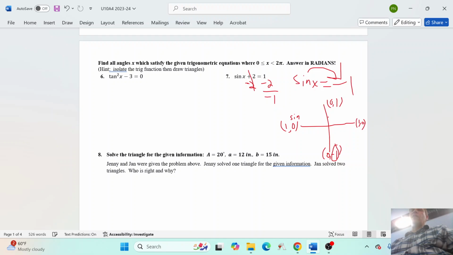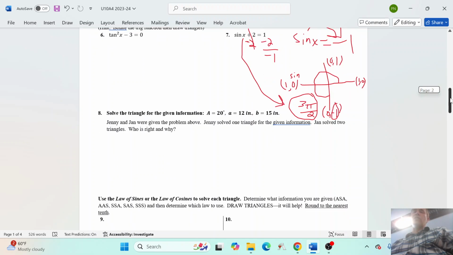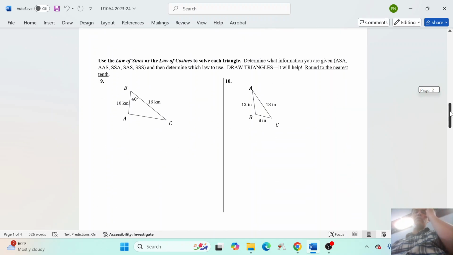And then 1 pi over 2, 2 pi over 2, 3 pi over 2, all the way around. 3 pi over 2 is our answer. So only in one place.